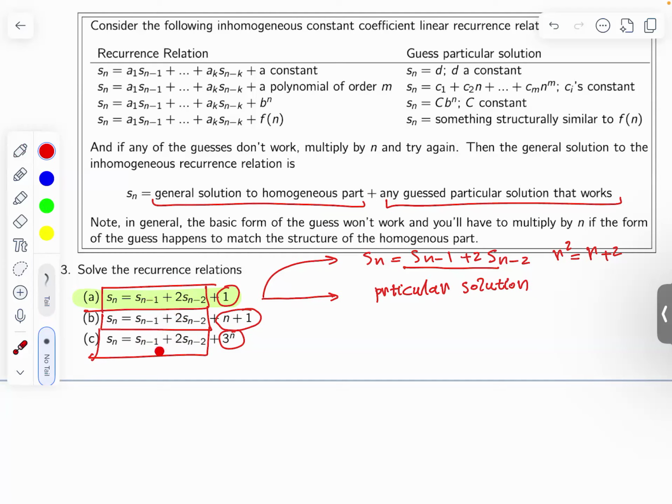Once you found the homogeneous part, would you please sit there? Yeah, excellent. Let's find this one. It's easy, because we practiced a lot. So if we find this one, r squared minus r minus 2.